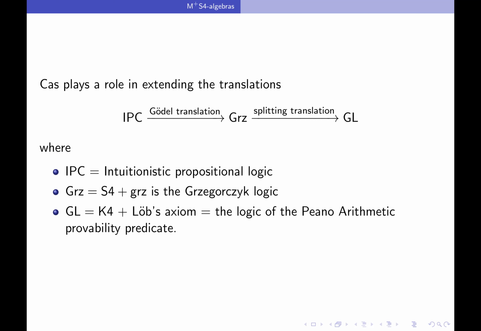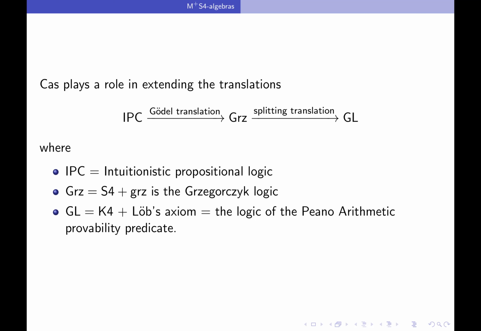And then the splitting translation takes you to the Gödel-Löb logic, which by Solovay's theorem, you can actually think of as the logic where you interpret the box in that modal logic as the Peano arithmetic provability predicate.